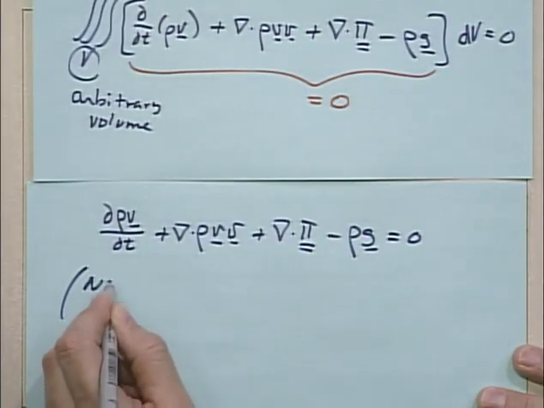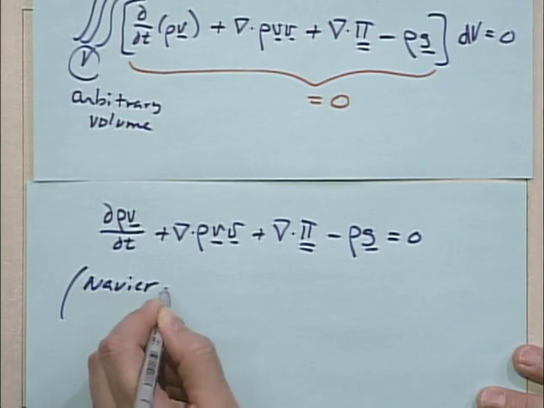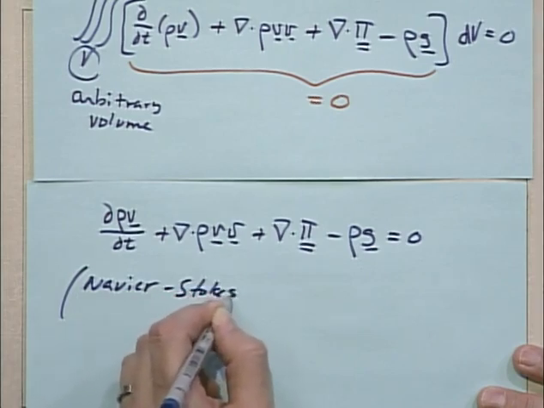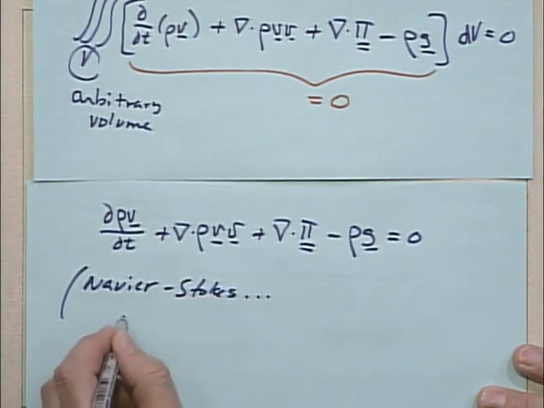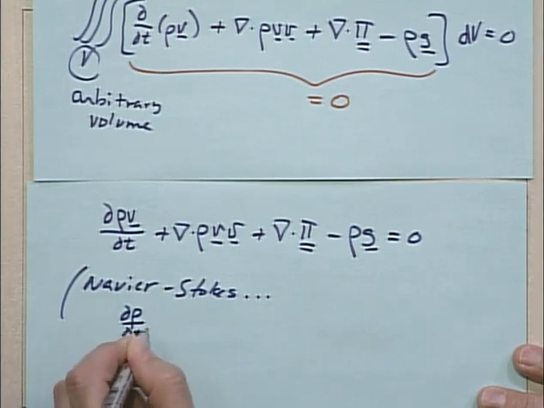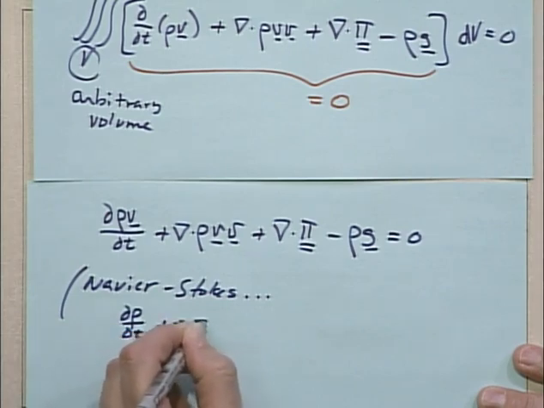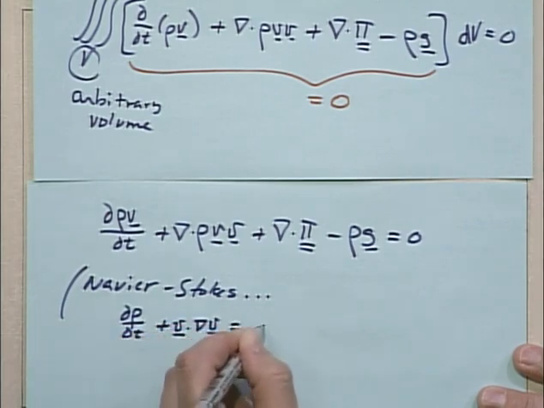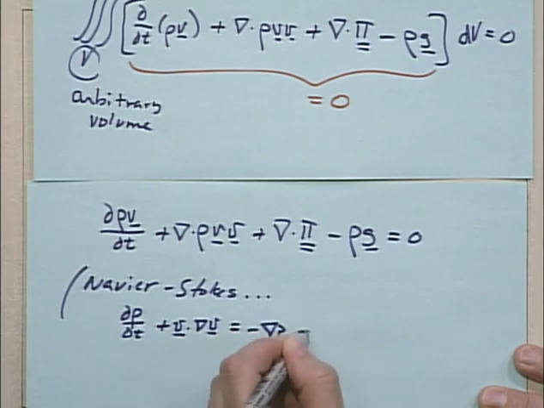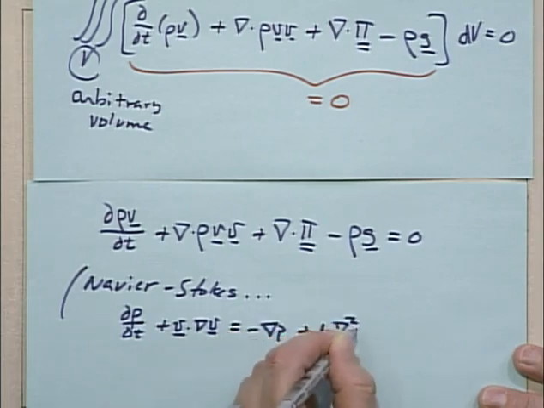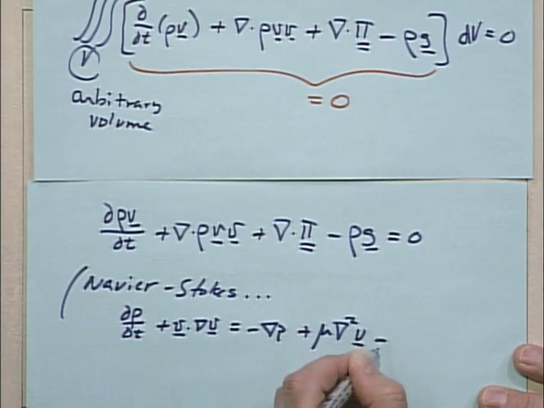Now, there's two things that are different between this equation and the Navier-Stokes equation. Okay, we'll cheat a little bit and look ahead. What does the Navier-Stokes equation look like? It looks like rho times d v dt plus v dot del v equals minus grad p plus mu del squared v plus rho g.